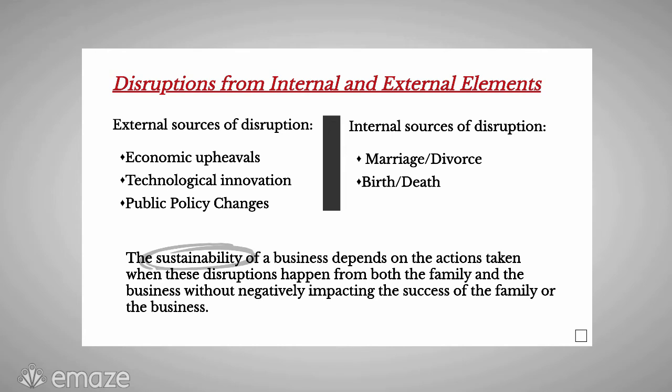This could be the introduction of new equipment that can make the operations of the business run faster and more smoothly. And last, you have public policy changes. If the government makes a policy change, for example, GCT should be 15% instead of 16.5%, that could be a disruption to the business.